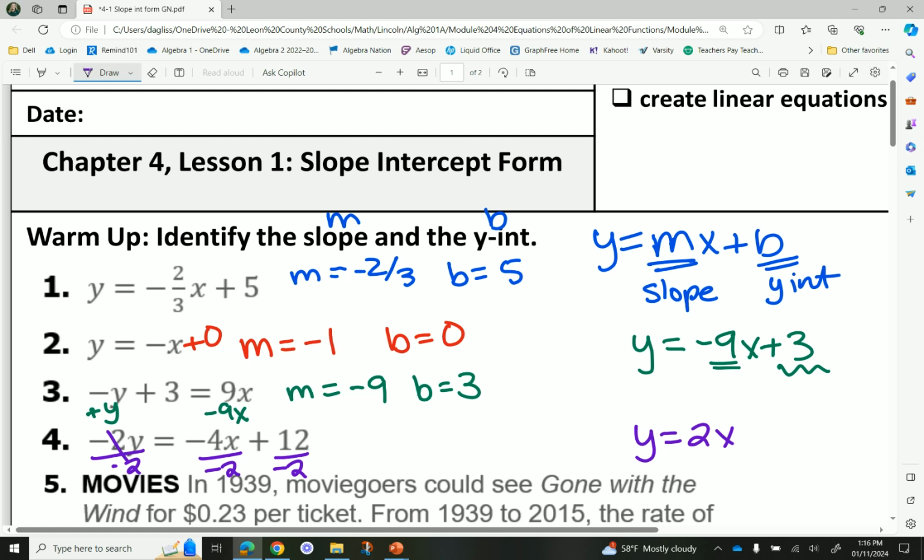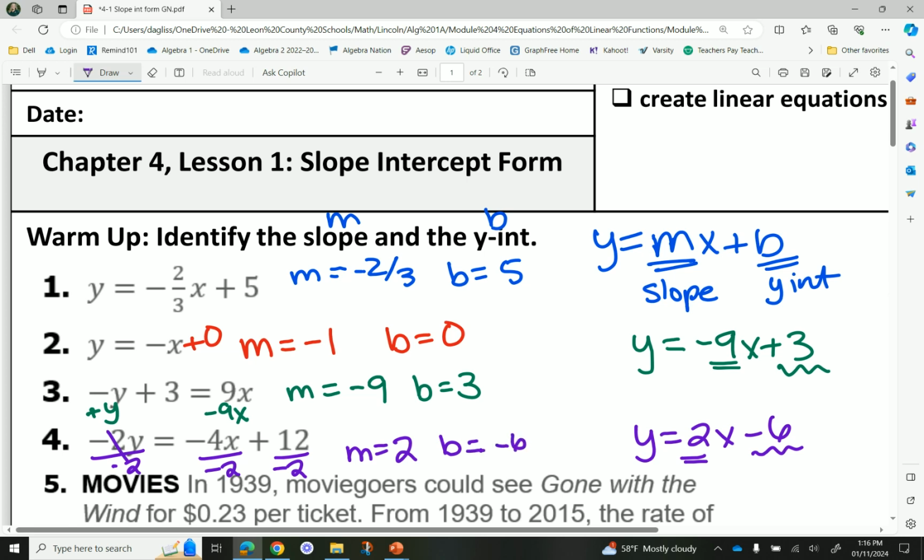What is 12 divided by negative 2? Negative 6. Thank you. So now, what is my slope going to be? Slope is 2. There you go, I heard it. And what's our y-intercept? Negative 6.